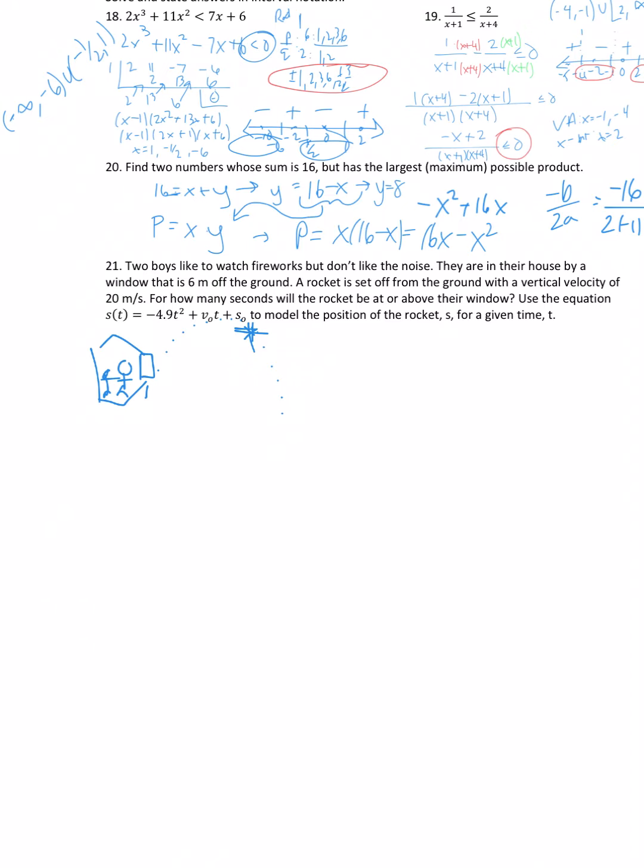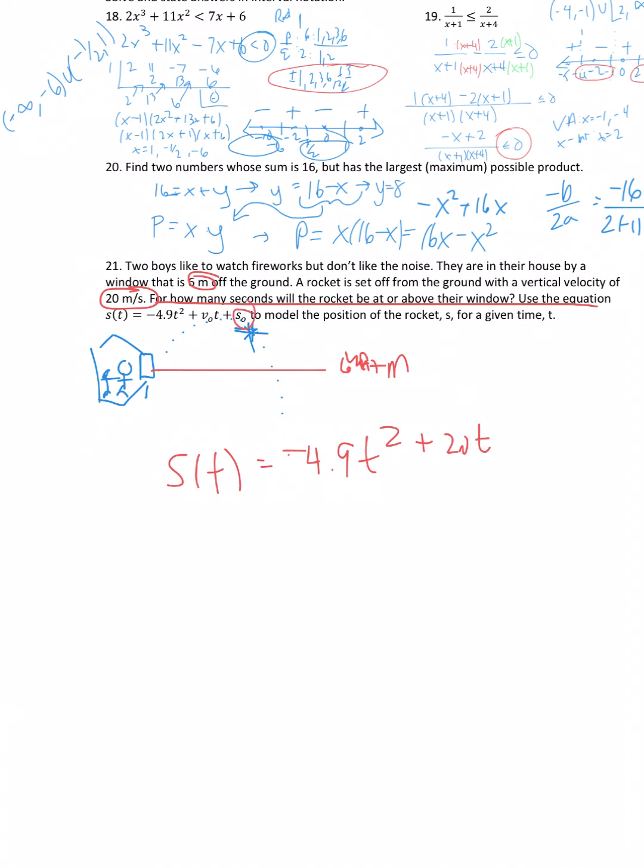The question says, how many seconds will the rocket be above their window? Now remember, their window is 6 feet or 6 meters off the ground. And the rocket is traveling at a speed of 20 meters per second. So we have this equation, S of t equals negative 4.9 t squared plus the initial velocity of 20t.